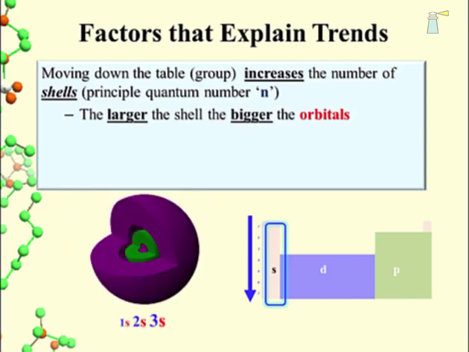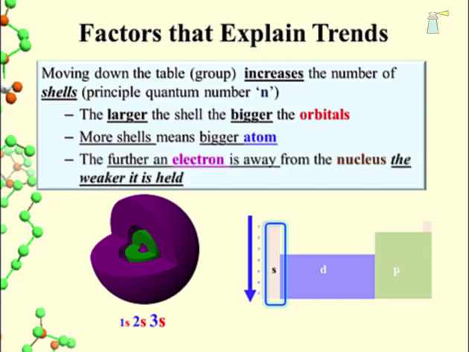Pictured here are 3 s orbitals corresponding to n equals 1, 2, and 3. The orbitals are nested. 1s is in 2s, and both of those are in 3s. The atoms with only 1s and 2s orbitals are smaller than those with a 3s orbital. The logical conclusion, more shells means bigger atom.